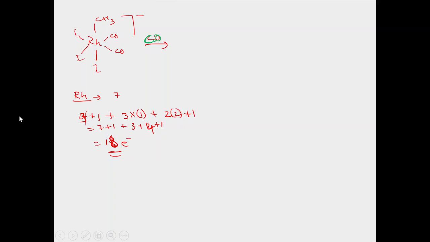This is the incoming CO. First of all, migratory insertion will take place. When we have CH3 and CO, these two ligands attached to a metal, then CH3 can undergo migratory insertion into the carbonyl ligand. I think you all are familiar with that.